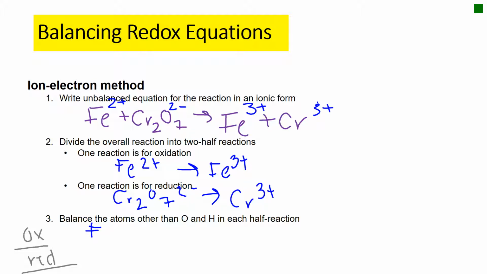So your oxidation is going to look like the following. And now you're going to have 2 Fe atoms on the right and on the left. Now the reduction is going to look something like this.